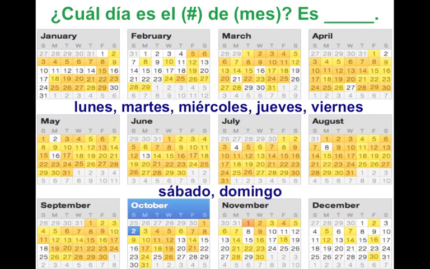So here are the days of the week. I'll ask the question, ¿cuál día es? And you tell me what day it is. Bueno, ¿cuál día es el 8 de noviembre? Es martes. Tuesday es martes. ¿Cuál día es el 18 de febrero?